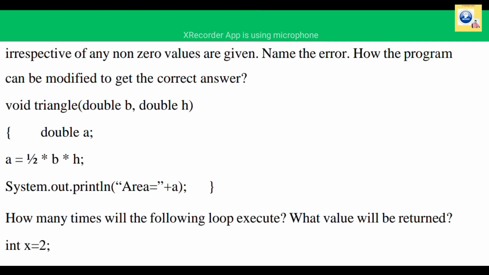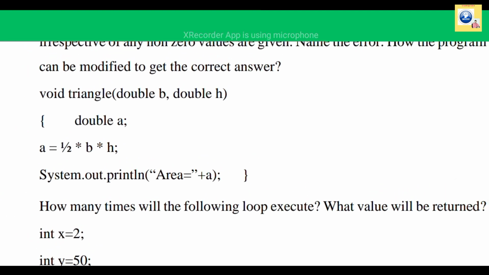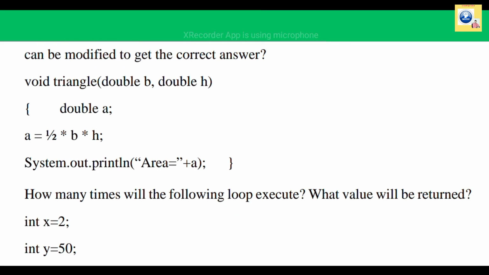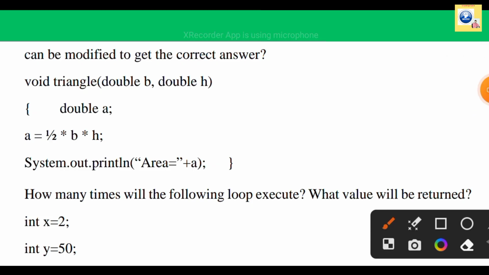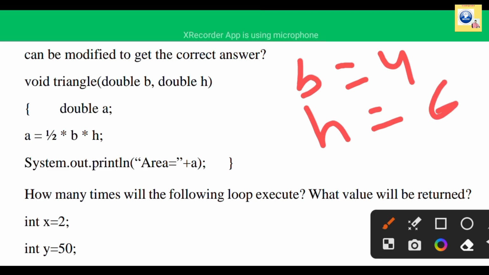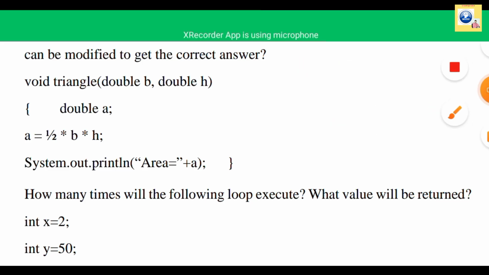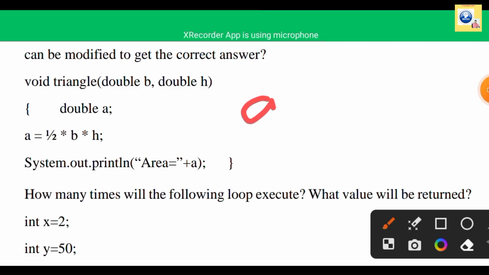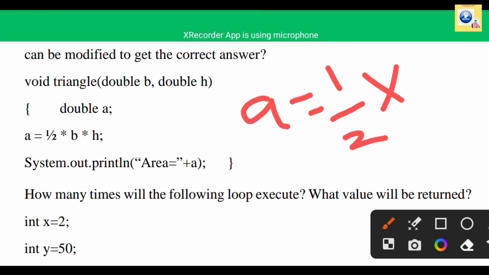So when you execute this code, you will get the answer 0. I'm telling you why you get 0. Suppose the value of B is 4 and the value of H is 6. If you apply the formula, A will be half into 4 into 6, which is 24.